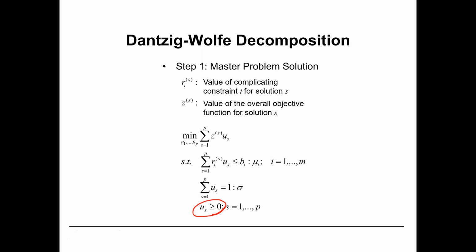Now let's say we have all of these coefficients, U1 to UP, and we already have sets of feasible solutions, X1 to XP. Now let's see what's the next step.